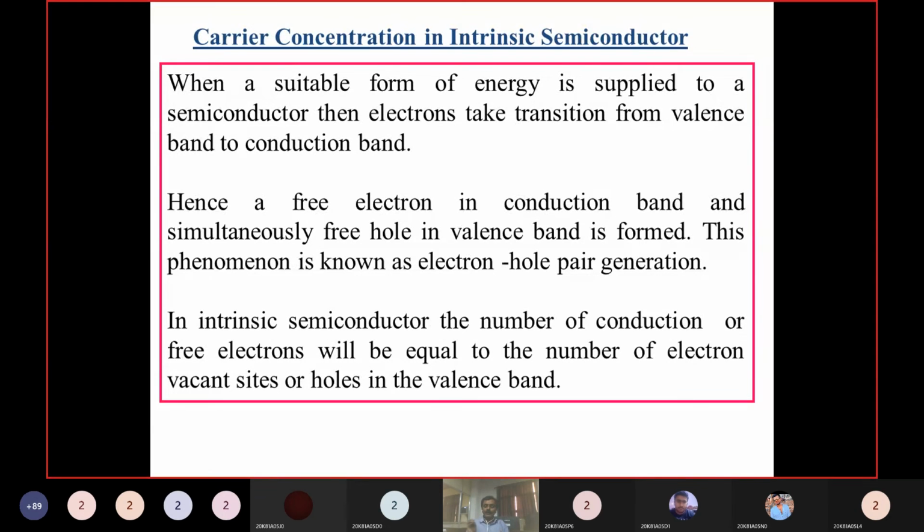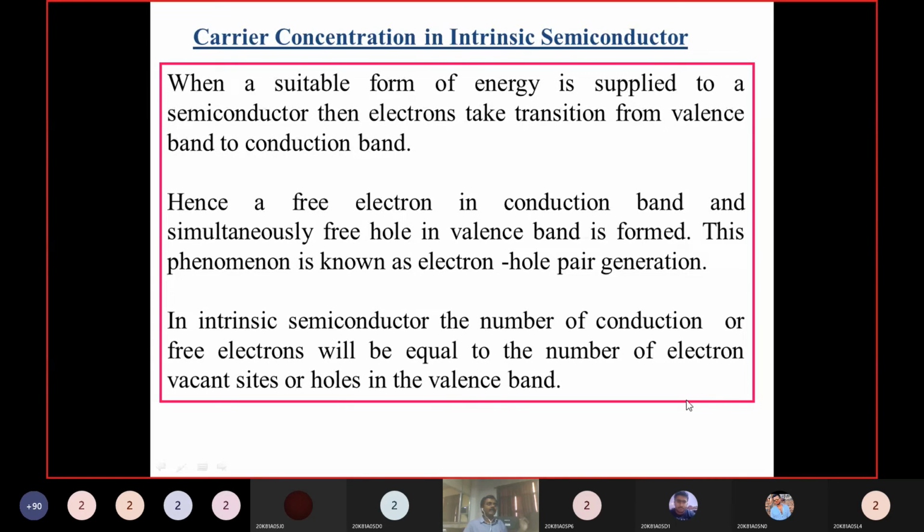Now, in the case of an intrinsic semiconductor, which means a pure semiconductor, the number of conduction or free electrons will be equal to the number of vacant sites or holes.